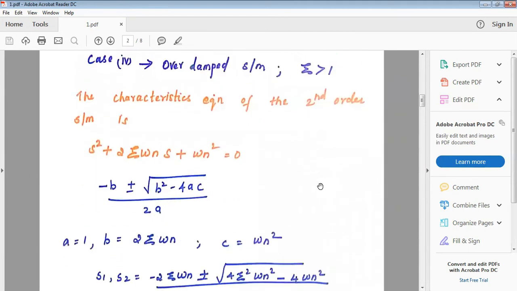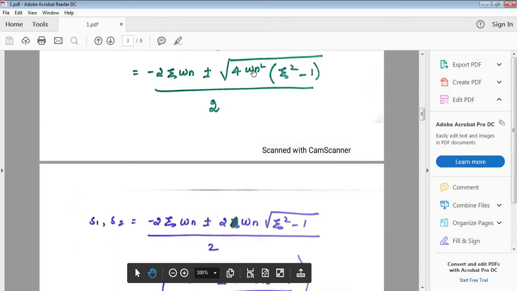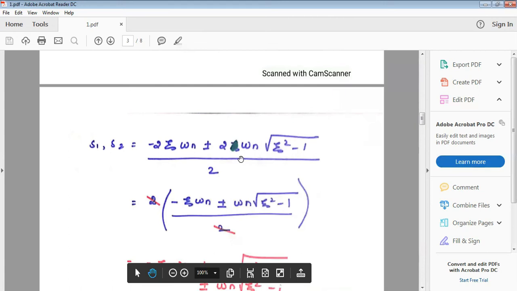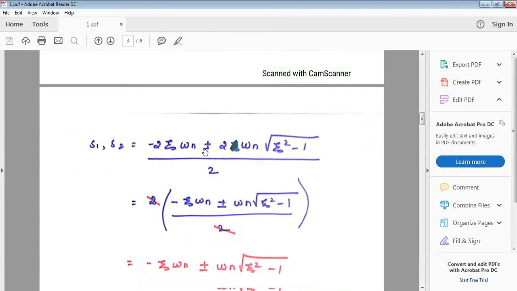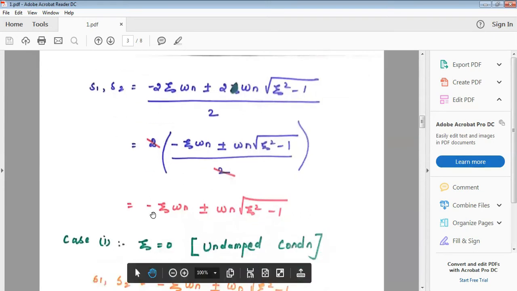Again, we take this term out of the root. 4 can be written as 2 squared and omega n square as omega n, squared. The 2 is common, so take it outside and we get minus theta omega n plus or minus omega n into root of theta square minus 1, as the 2 cancels. This gives the roots of the characteristic equation of a second order system.